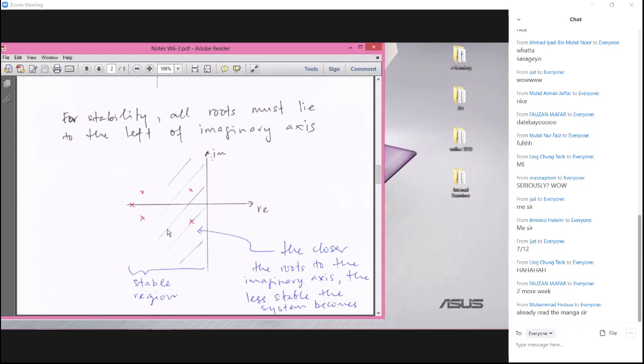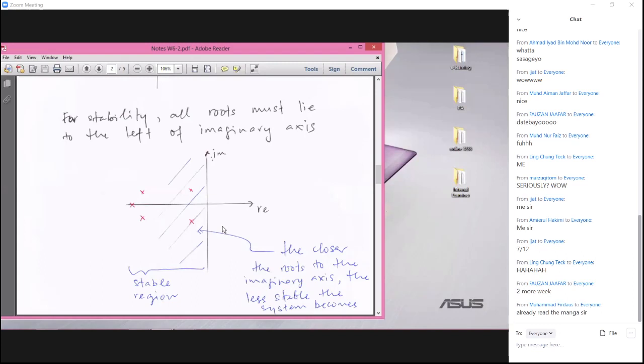So the behavior of the system we just approximate with the dominant roots. The dominant roots are the roots closer to the imaginary axis. You don't want the root to go to the right of the imaginary axis because now the system will become unstable.